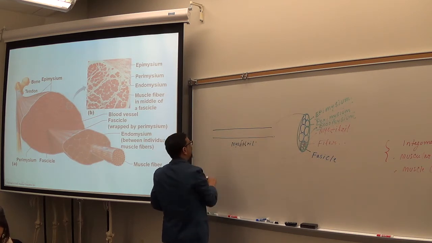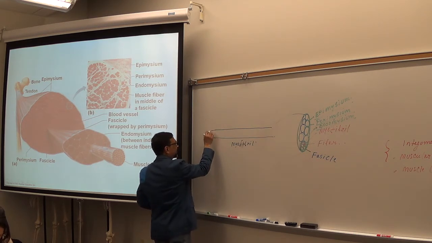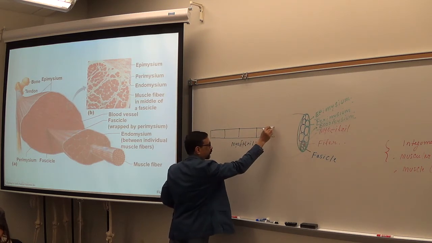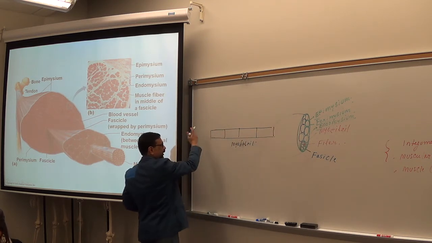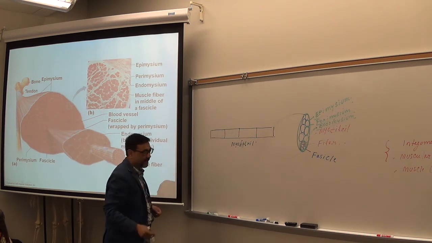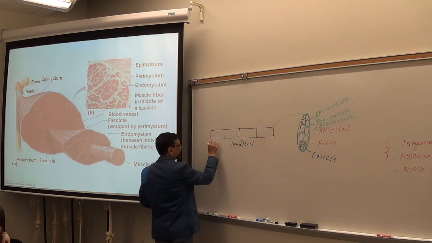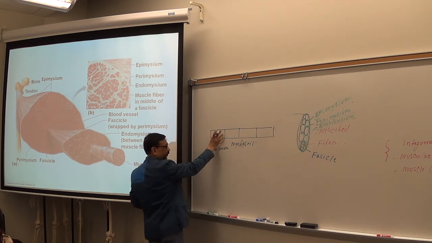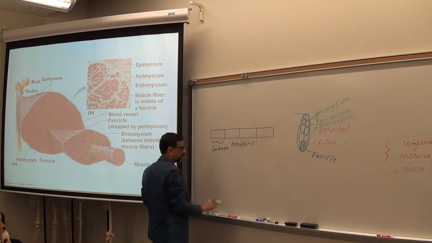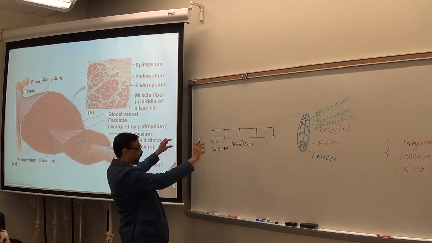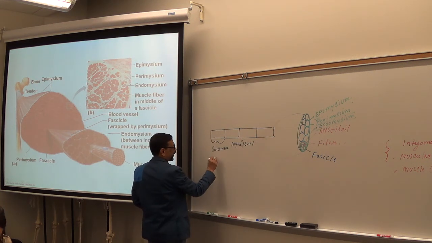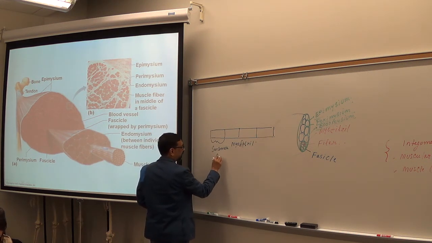Inside the myofibril, you will see segments like this. The same thing is repeated, so several segments. Each segment is called a sarcomere. This is one sarcomere, this is another. So inside the myofibril we see several sarcomeres. Each sarcomere is the functional unit.